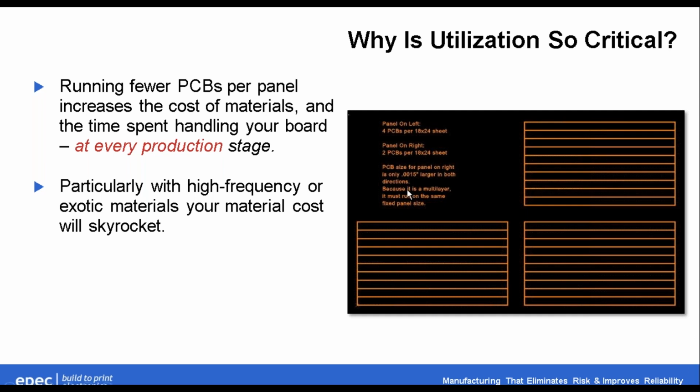And again, the panel on the left is the same panel from the last slide tipped on its side. You're getting this many boards that you have to process and handle, or you're getting this many boards that you're going to have to process and handle. So even though a lot of the numbers come out relatively similar, you're still wasting time, and you're probably wasting a lot of materials too.